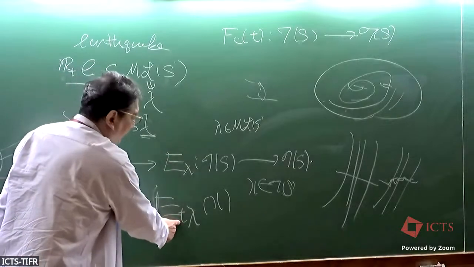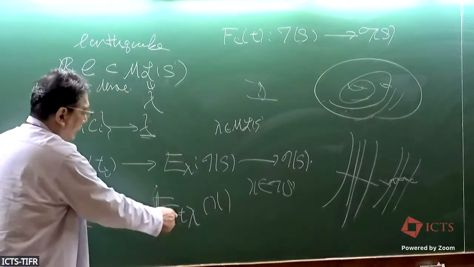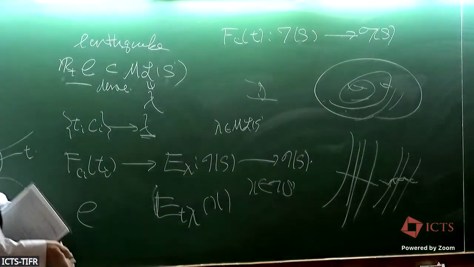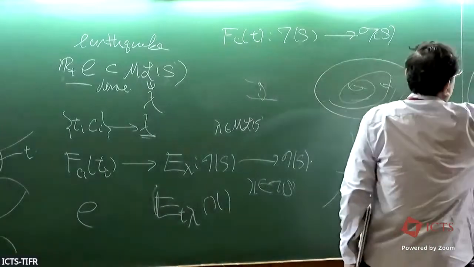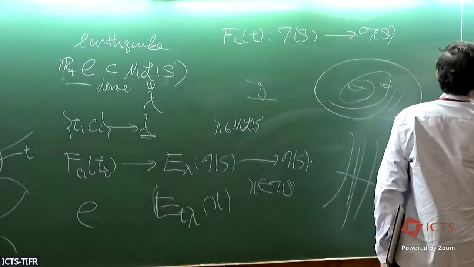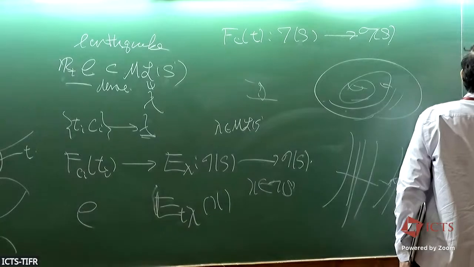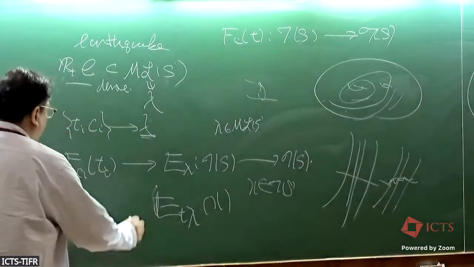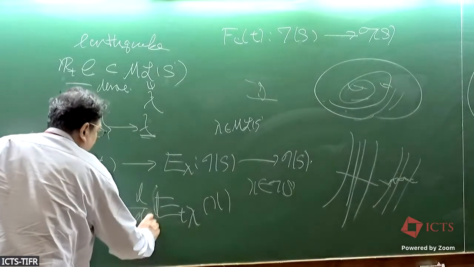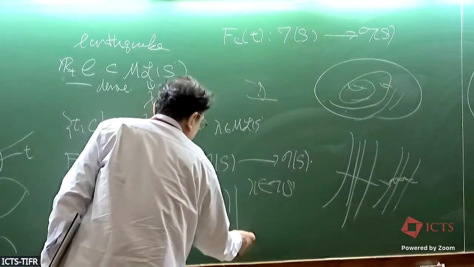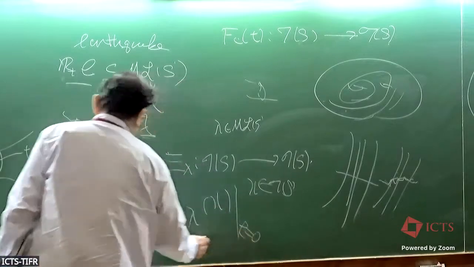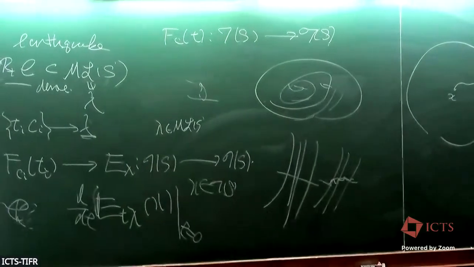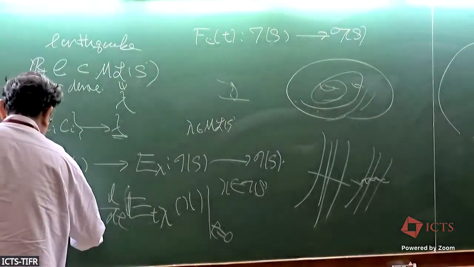At time t equals 0, it just means it's the identity. So starting from X, you have an arc like this. And you consider the derivative of this at t equals 0, and you get some tangent vector, and that's denoted by something like this.